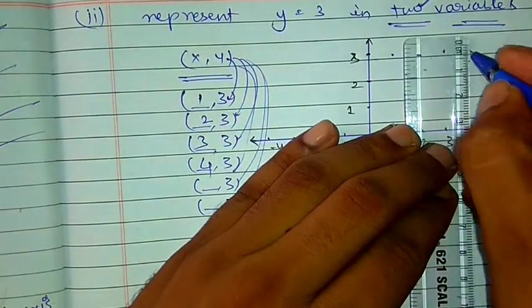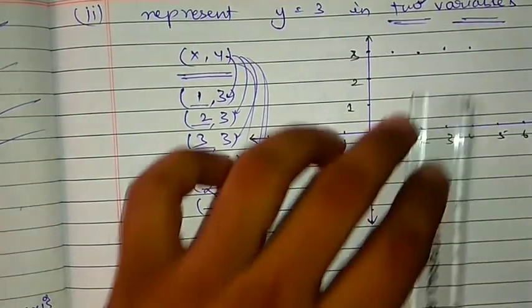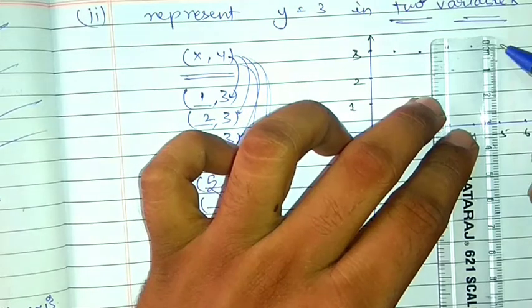Are you getting the point? Where will 5 comma 3 be? The number 5 comma 3 will be something here.